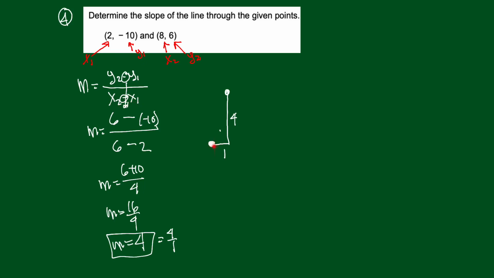So I start at this point. This says change the horizontal by 1 unit. The top number is the change in the y. So if I increase x by 1, I'm going to have to increase y by 4. So start at any point on the line. If you increase the horizontal by 1, the vertical will increase by 4, and then I will be back on the line.